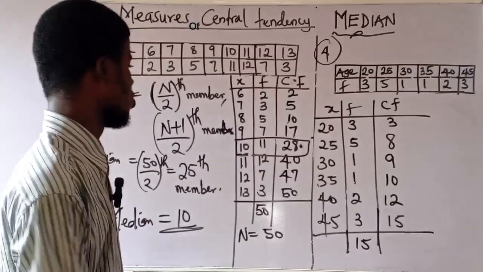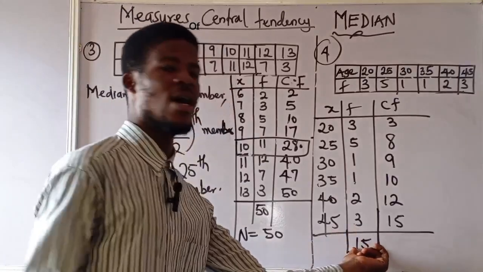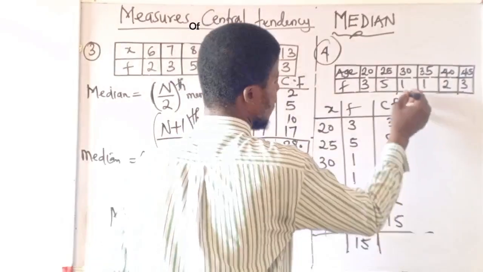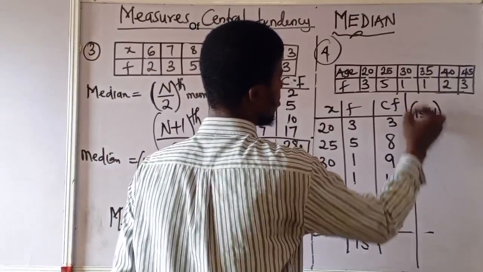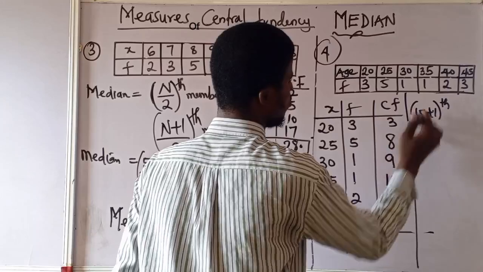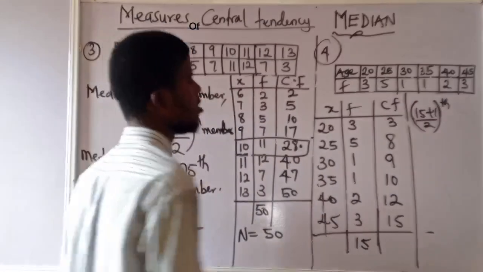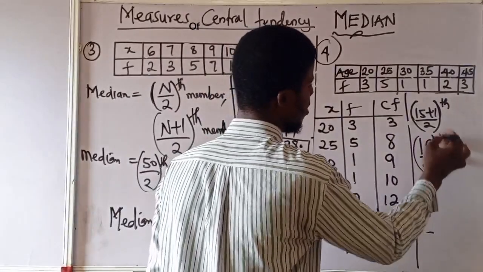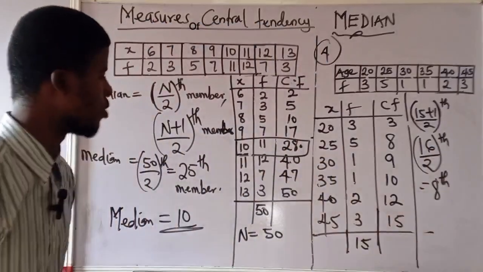Yes. So what will be the median? The total frequency is an odd number, 15. That means I will have to say 15 plus 1 all over 2, right? And that's the 16th member. That's the 16th all over 2 member, which is the 8th member of the distribution.